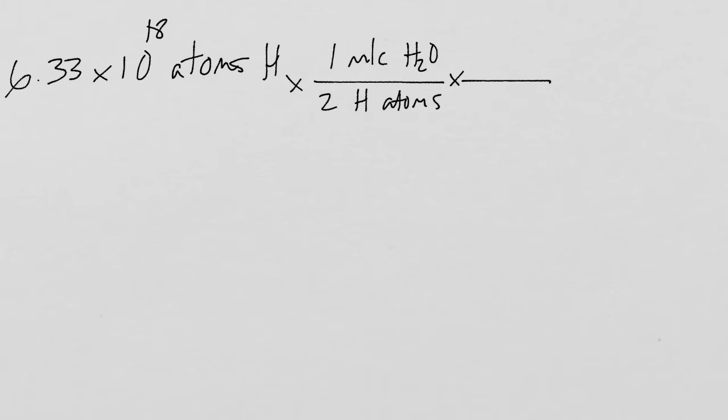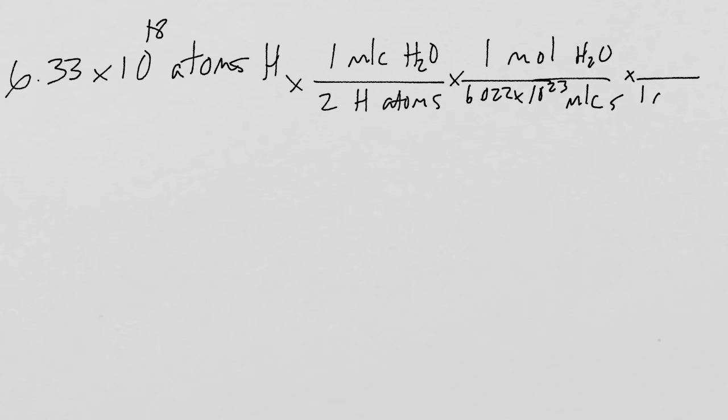And there are 6.022 times 10 to the 23 molecules in 1 mole of water, and 1 mole of water, H2O, has a mass of 18.02 grams. And so we would then know the mass after units cancel, right?